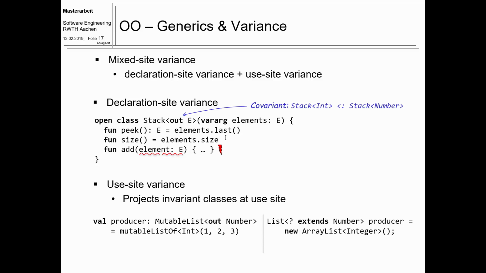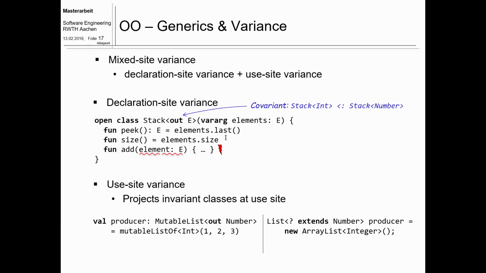So that's why here in this example, we're comparing Kotlin's mutable list on the left-hand side to Java's normal list on the right-hand side. Now, again, in Java, you can say you want to use a list of extends number, which means you want to use the list in a covariant style. So by using this wildcard, you are then allowed to assign a list of integer to this list of something that extends number.